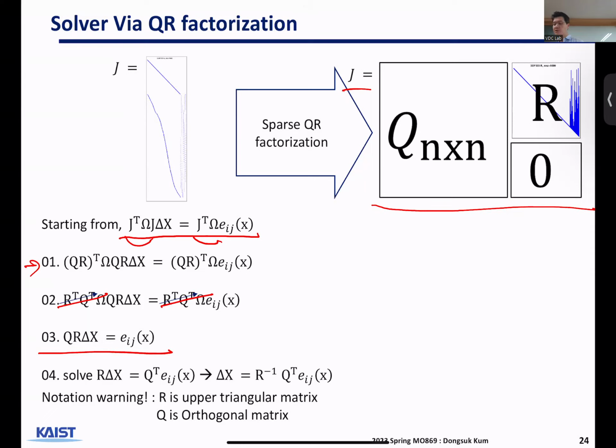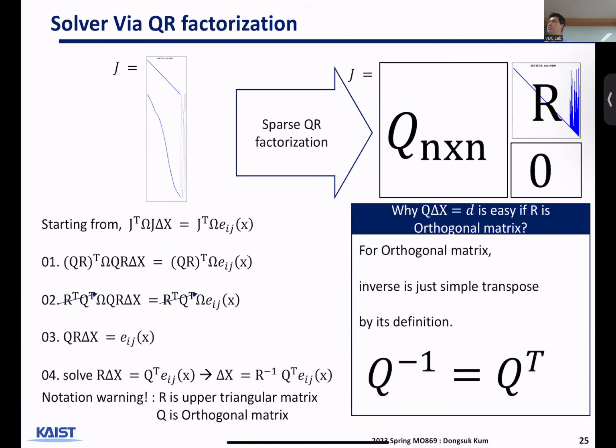And solving this is much easier now, because now you need to invert Q first, right? And Q is an orthogonal matrix, so the inverse of an orthogonal matrix, inverting Q, is simply Q transpose. So this is that. And then finally, del X, what we are interested in, would be R inverse Q transpose E ij.